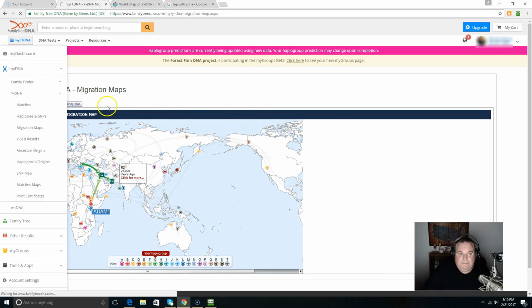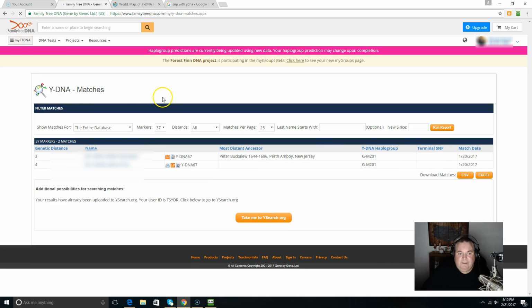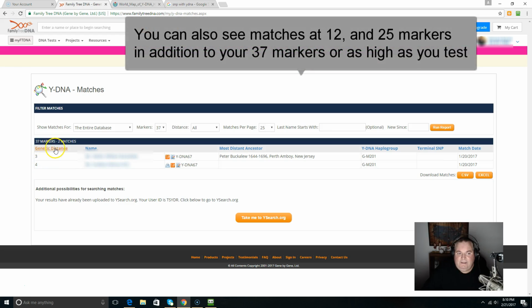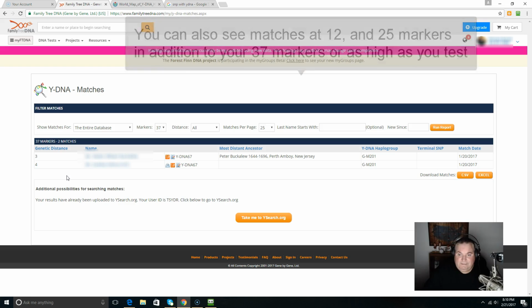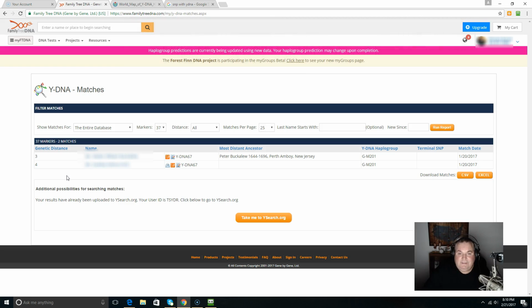I'm going to blur them out here. And this is what the matches screen looks like. Your genetic distance at 37 markers. I have 2 matches. So that's a little bit more than I expected. A lot of my distant ancestors, I don't have many people that have matched me from my distant ancestors.